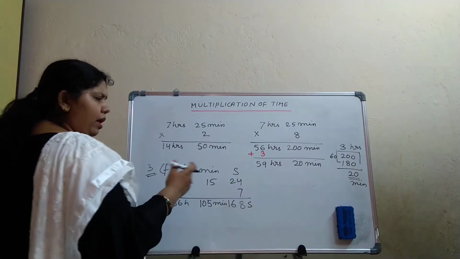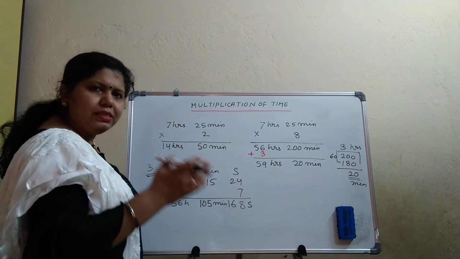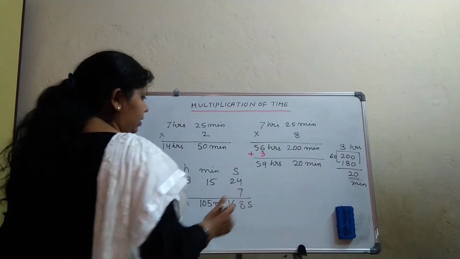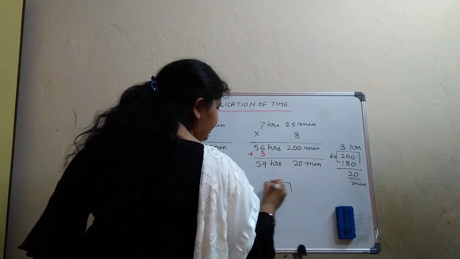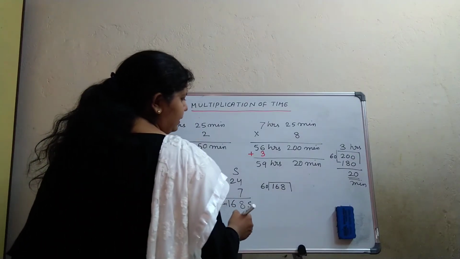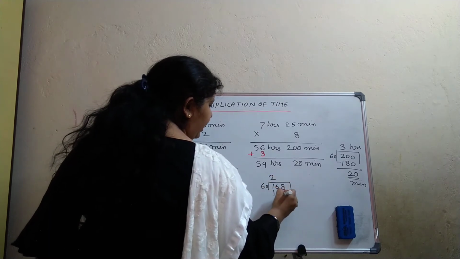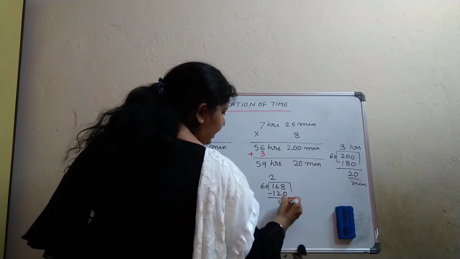So in order to convert 168 seconds into minutes and seconds, we do the division. We will divide 168 by 60. What are we going to get? 60 2s are 120, and after subtraction we got 48.